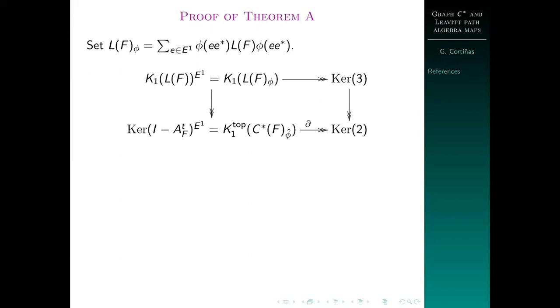Now this map on the left is surjective, because the map from K1 LF to this kernel of 1 minus AFT is surjective. But moreover, let us consider the unitary elements of LF.